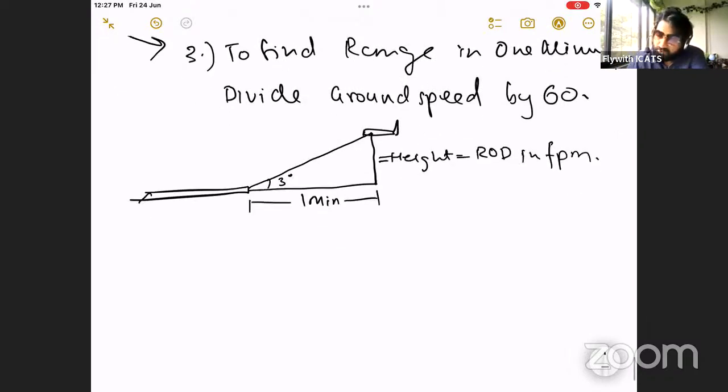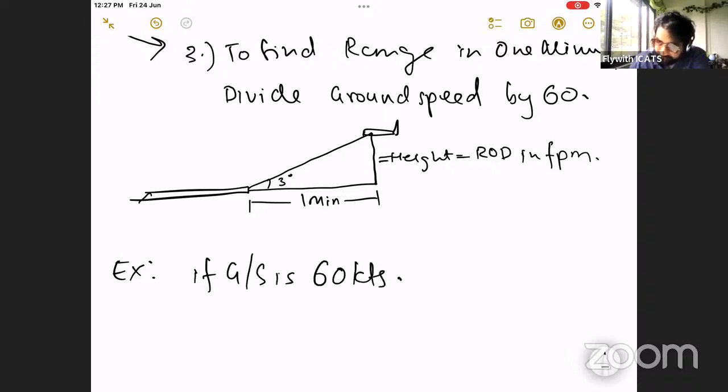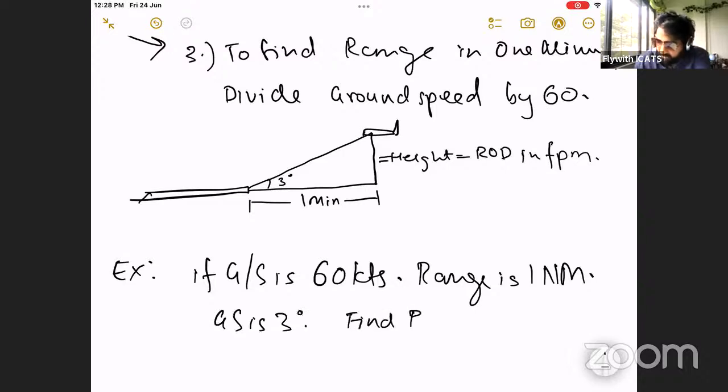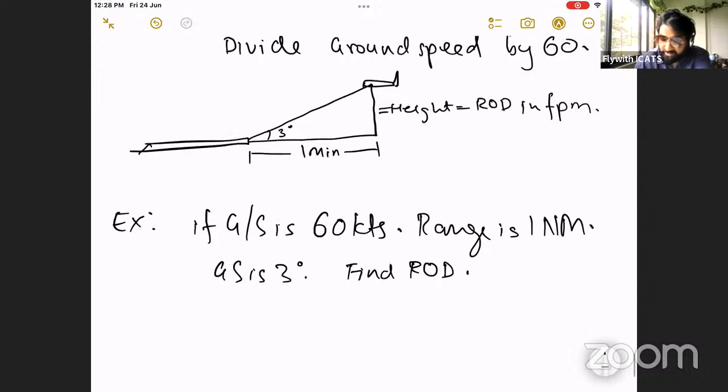Let's find out. Example, let's solve this, everyone. If ground speed is 60 knots, range is 1 nautical mile. Glide slope is 3 degrees. Find rate of descent. Give me your answer, students.